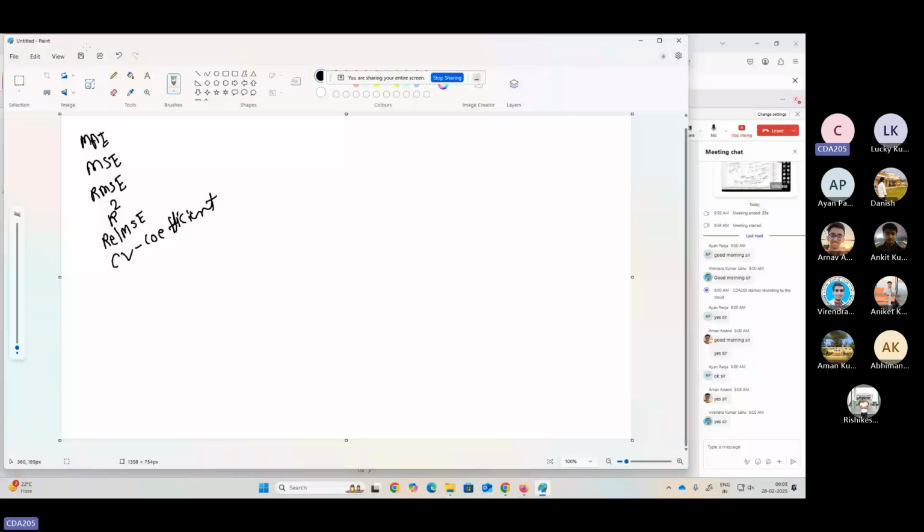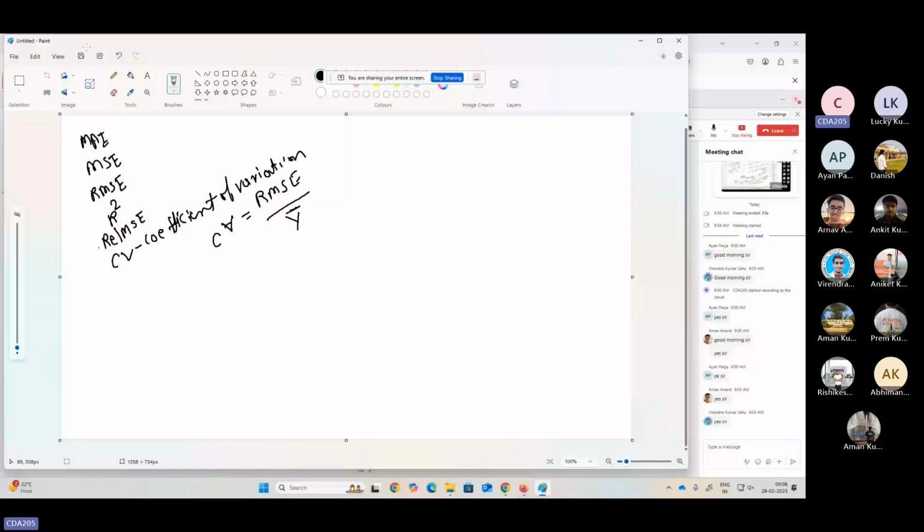CV is equal to root mean square by the mean of y. Okay, this is CV. And what is relative mean square error?